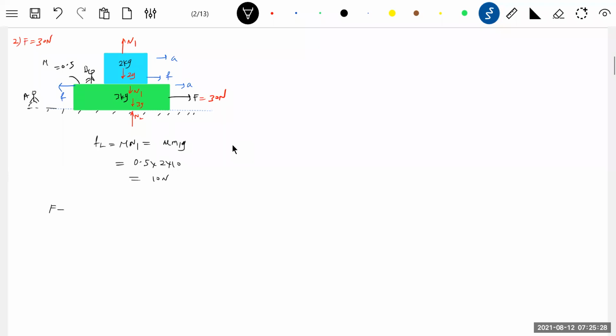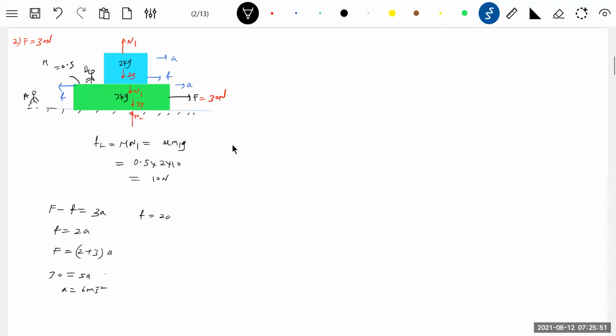So this will be F minus f equal to 3A, f equal to 2A. Okay, adding this up, F equal to 2 plus 3 into A. So what is the applied force? Applied force is 30. Acceleration is 6 meters per second squared.